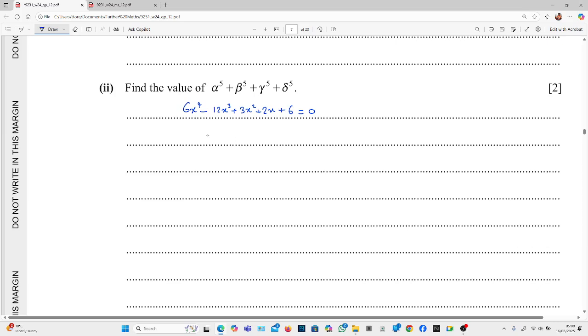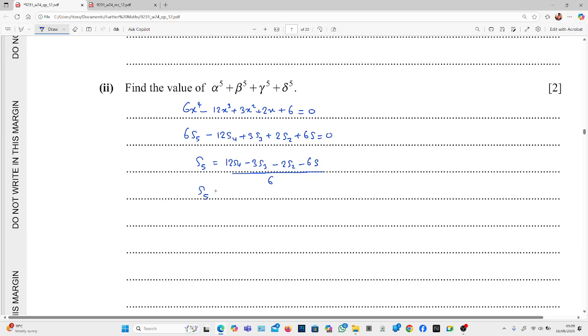Now using the recurrence formula, we have 6S5 minus 12S4 plus 3S3 plus 2S2 plus 6S1, and all of that is equal to 0. And again, now we're going to be rearranging this and make S5 the subject of the formula. And this is what we get after we make the arrangements.